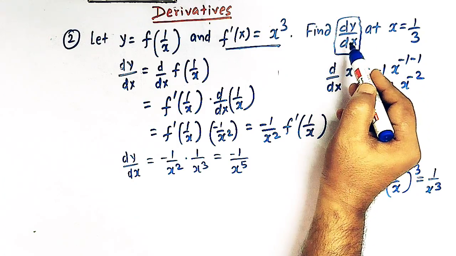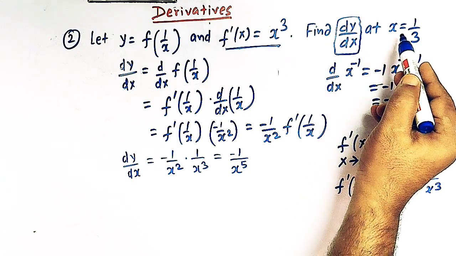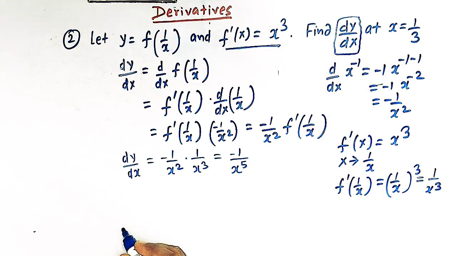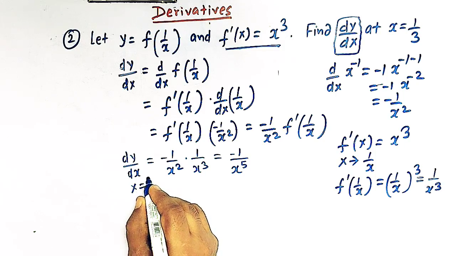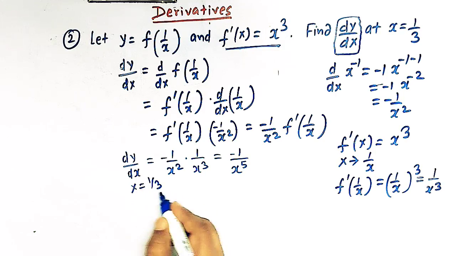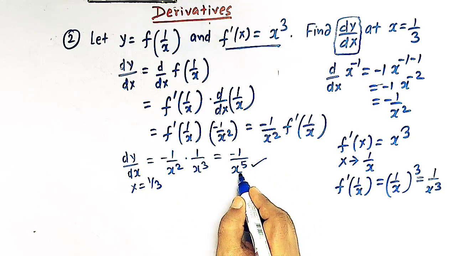and we have to find out the value of dy over dx at x is equal to 1 over 3. So let us now substitute x is equal to 1 over 3 in this expression.